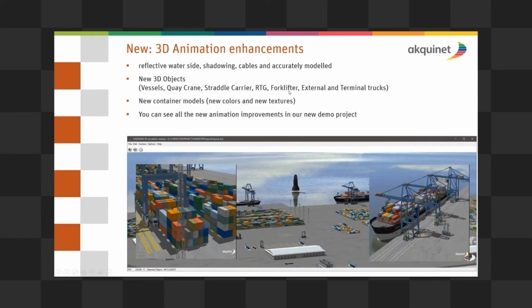Next slide. We have done a lot of things here in the 3D animation. Why have we done this? Normally, we come from the field of simulation and emulation, and in this field you don't need so much 3D animation. But we are on the way.